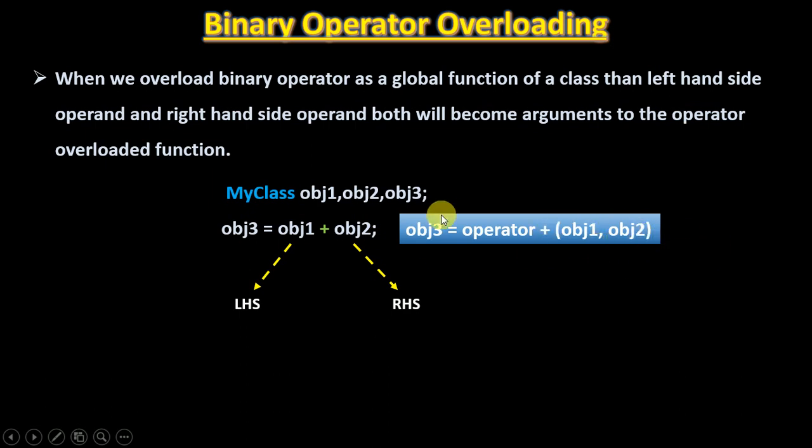Since it is a global function and not a member function, you need not have any object to invoke it. You can call it directly without an object, so both operands will be arguments to this function. Like this you can overload a binary operator as a member function as well as a global function.